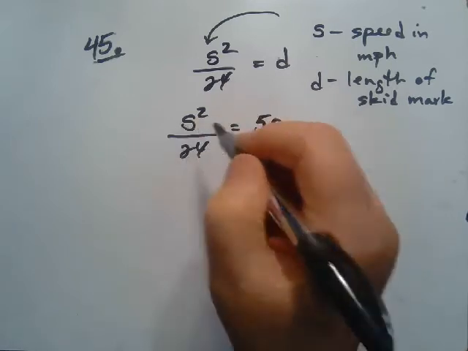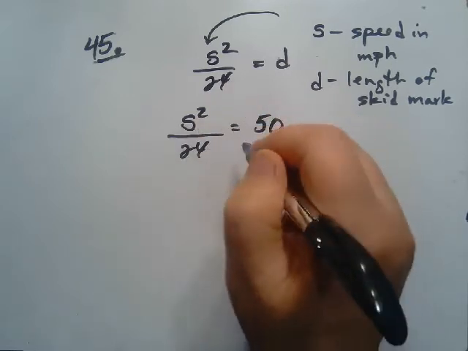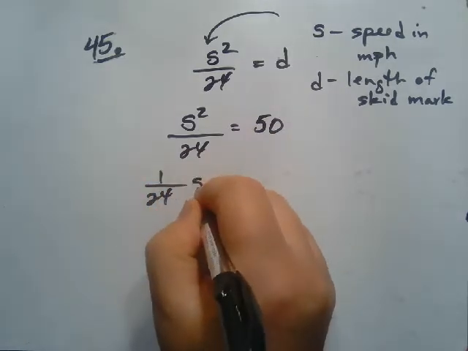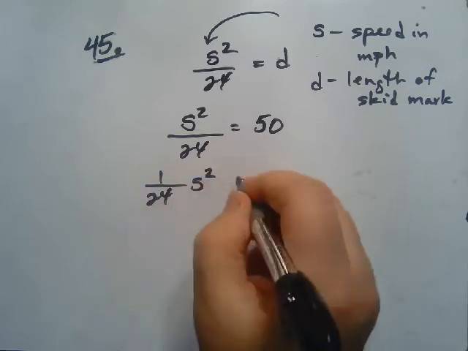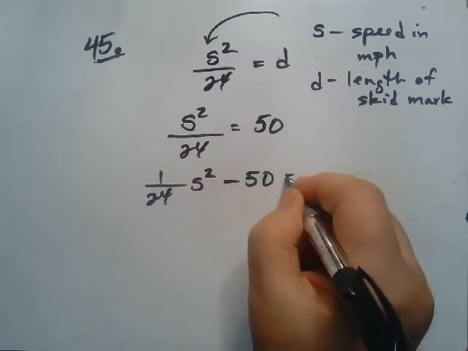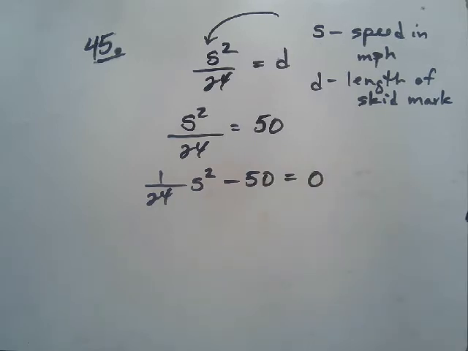And if we're going to solve this, we're going to set this equal to 0. I'm going to write 1 over 24, and I do that just because it helps me see that this is A, minus 50 equals 0. Now you notice I set it equal to 0 because we're trying to solve this equation to find out how fast the car was traveling.